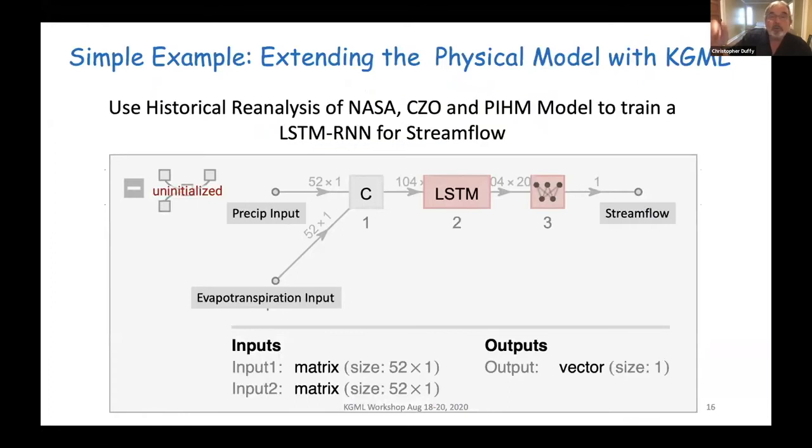Okay, so the simple model of extending this strategy is an elementary LSTM that we tried with 2 inputs, precipitation and evaporation. The idea here is to see whether or not the machine learning tools can learn from the historical data as well as the reanalysis data.